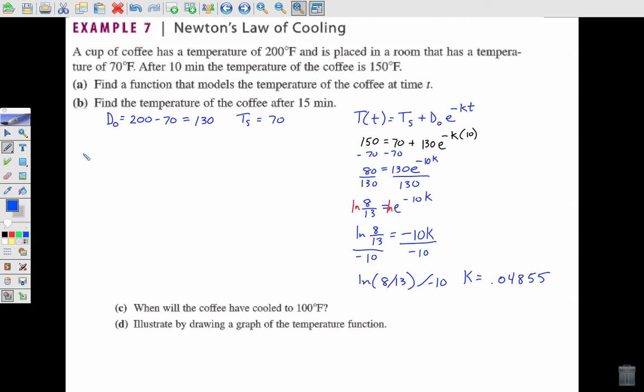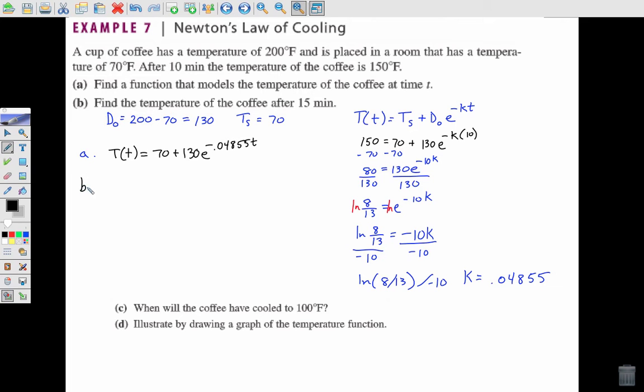Okay, so there's my k value. So then for part A, I have everything I need to write the function. My function is T(t) = 70 + 130 e^(-0.04855t).